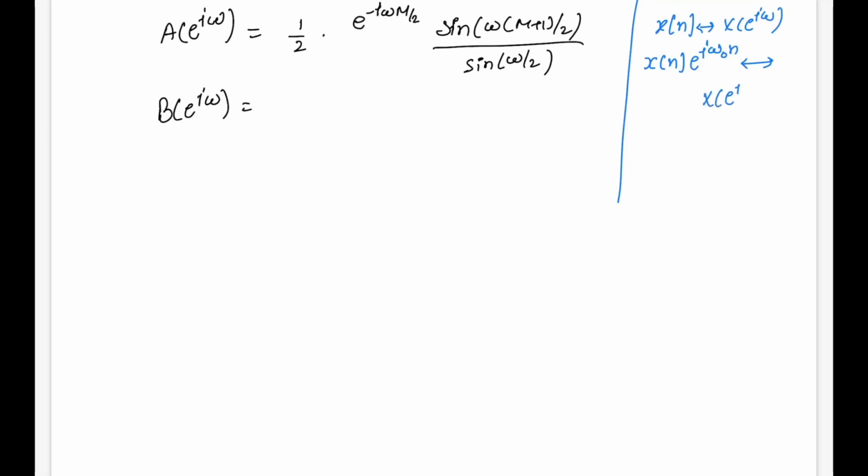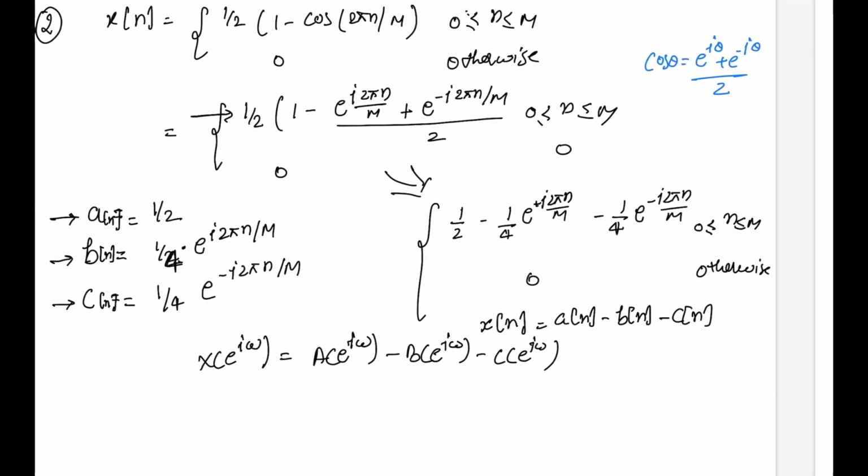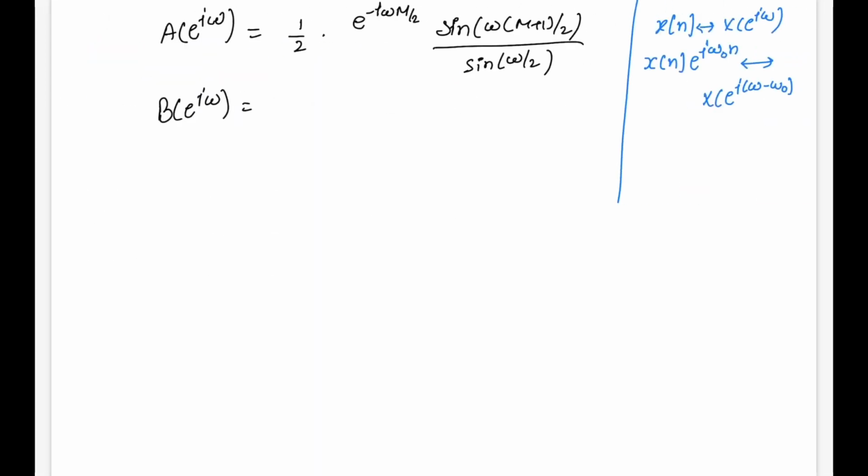X(e^j(ω minus ω naught)). Okay, so B(e^jω) is 1 upon 4 multiplied by this exponential, or basically a phase factor. So it will be 1 upon 4 multiplied by a phase shifted version of a rectangular function.